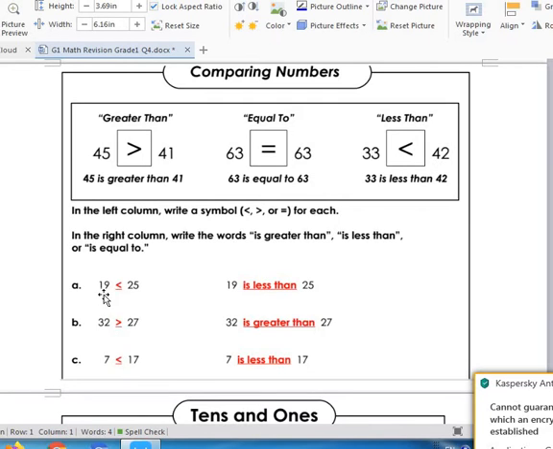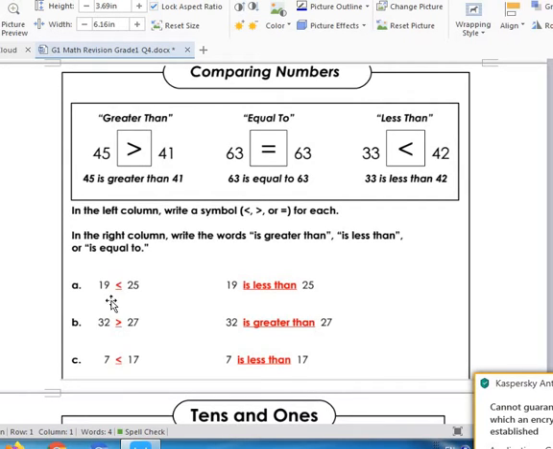Here, in the right column, write the words is greater than, is less than, or is equal to. 19 is less than 25. It's not "or equal to", it's just the underline sign.